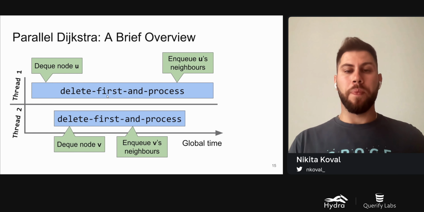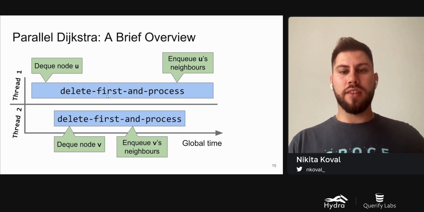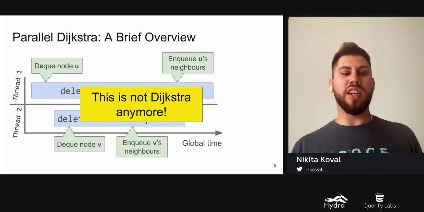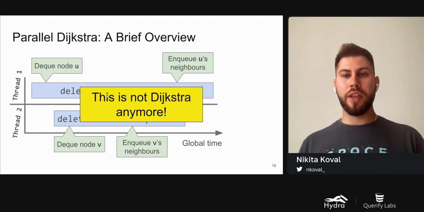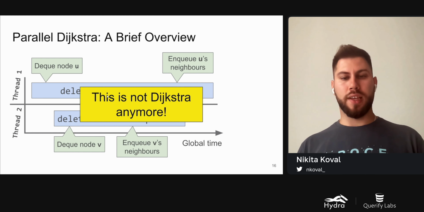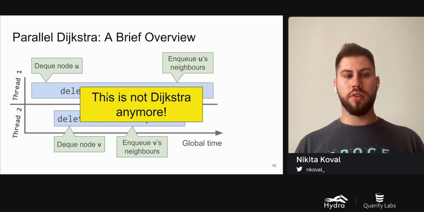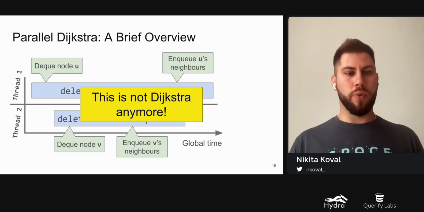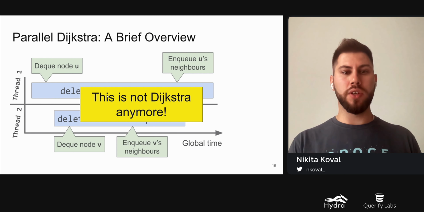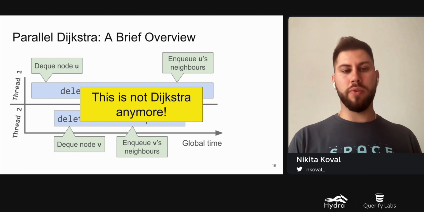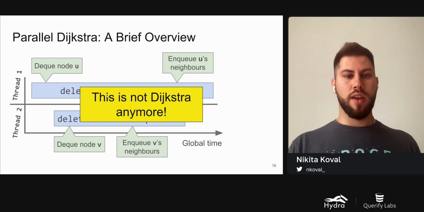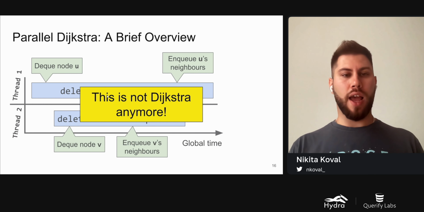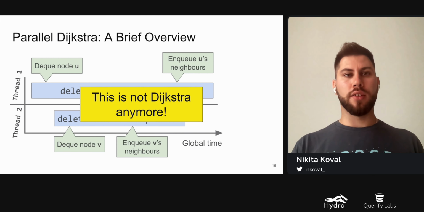The first node, right? And it turns out that this algorithm is not Dijkstra anymore, because in Dijkstra, we have to guarantee that we process all the nodes in the order of the priorities. But now, we violate this requirement. So it's possible that the distance we write for the nodes is incorrect.